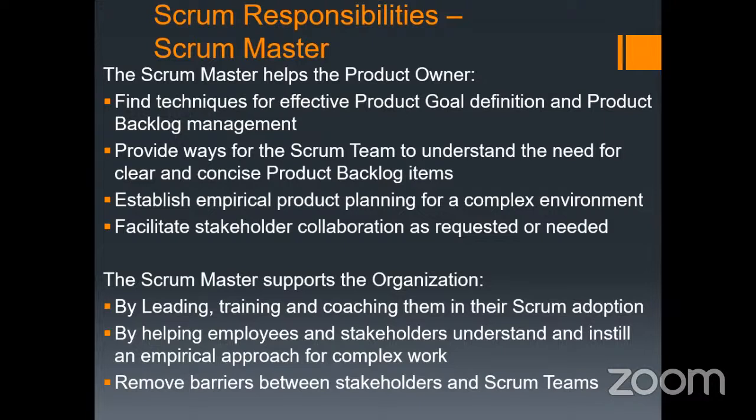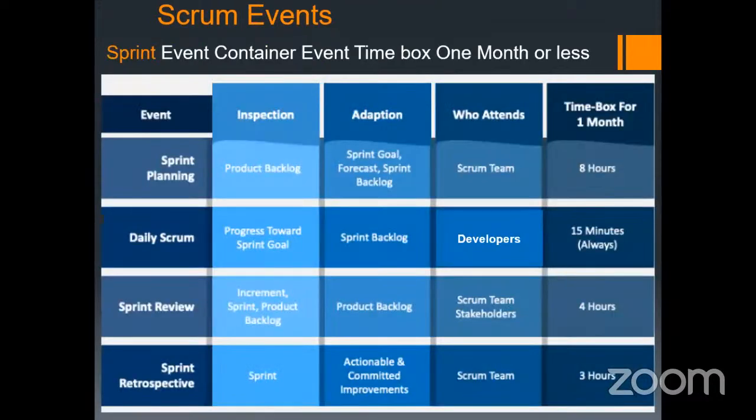Then, the Scrum Master also supports the organization by giving training and coaching about Scrum. So basically, the Scrum Master helps the Scrum team, helps the product owner, as well as helps the organization to understand the Scrum theory and practices.